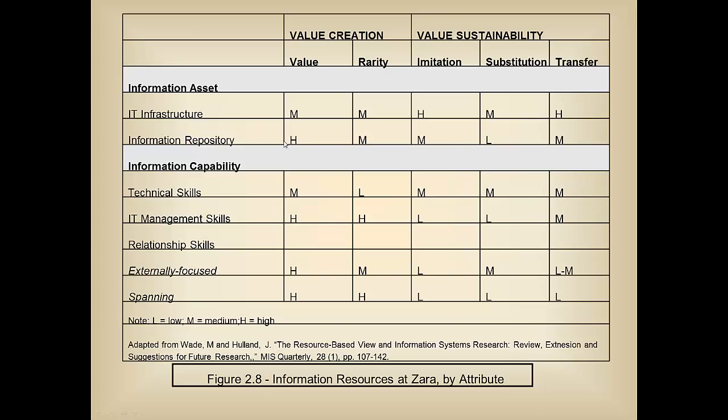So we can see the repositories are of high value. It isn't very rare. It's sort of in the middle. IT infrastructure is not very rare, so it's in the middle. It's valuable, but it's somewhere in the middle. So we've got medium there, and it's somewhere in the middle in terms of rarity for Xeras. So it's somewhat unique, but it's not of a design that someone could not potentially create the same infrastructure in their organization.